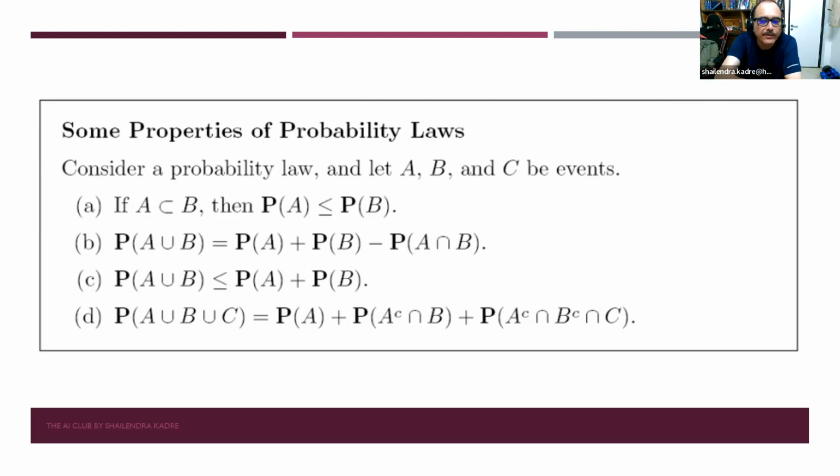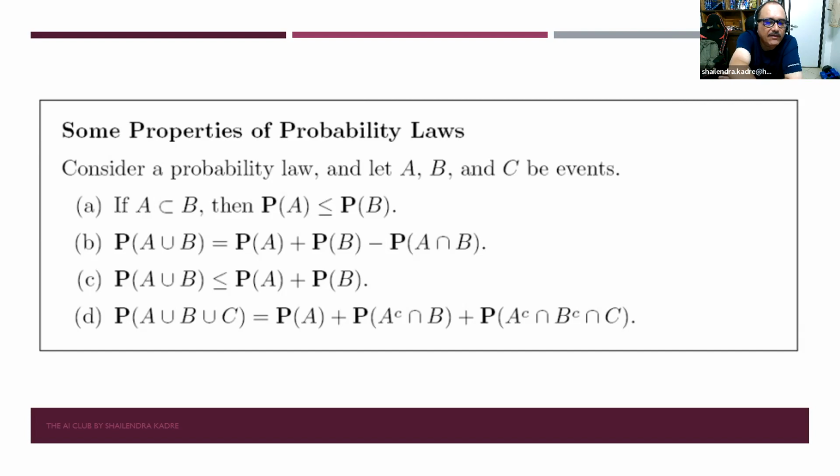Then the formula will be P(A) plus P(B) minus P(A intersection B) and so on. For now, I will ask you to remember this formula because we are not deriving it. These are some simple properties of the probability law.